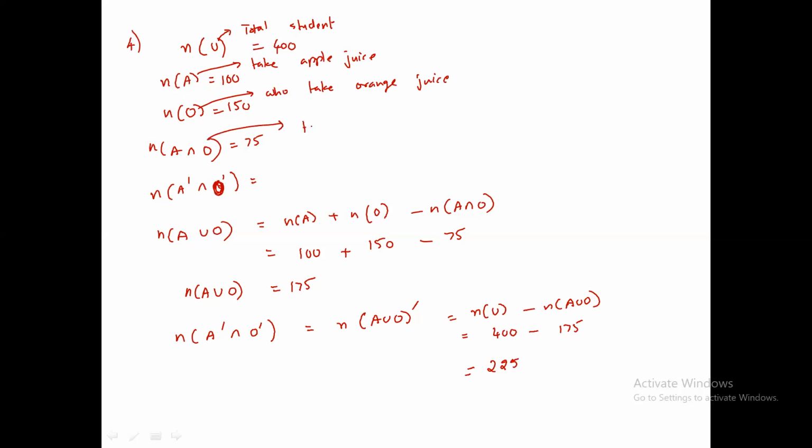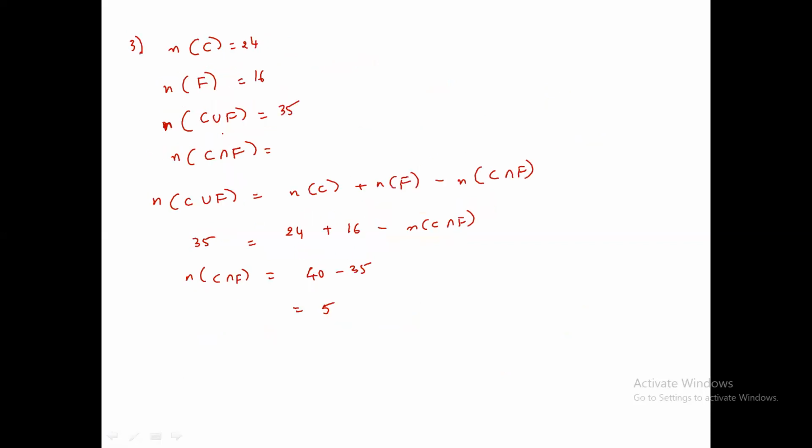A intersection O, take both apple and orange juices. And A dash intersection O dash is take neither apple nor orange juice. For your convenience, I'm writing.